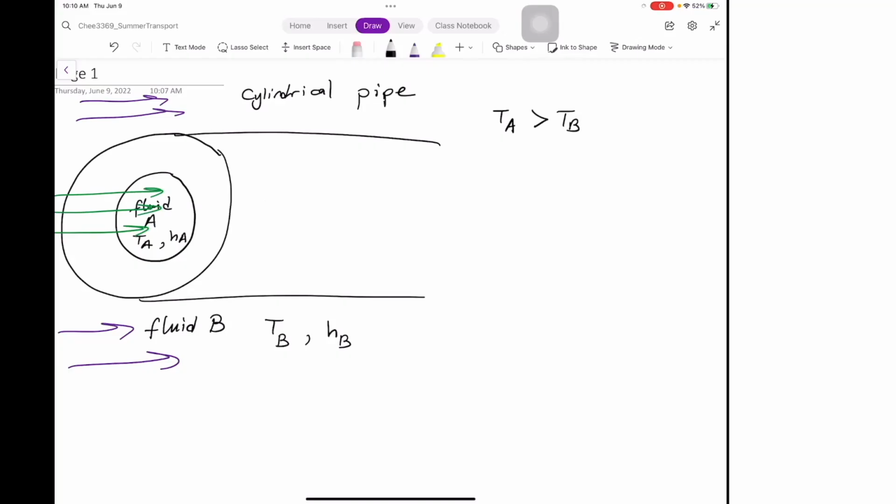Okay, let's focus on a section where TA or TB does not change appreciably.